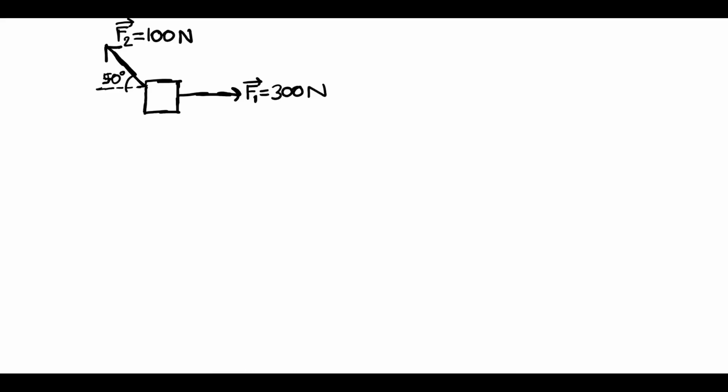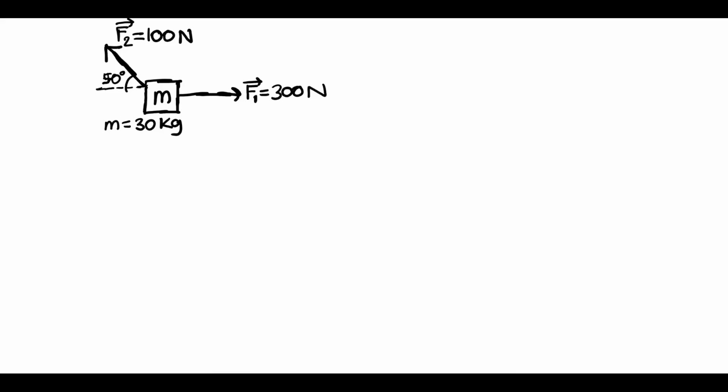Actually, let's make this 50 degrees, it looks more like 50 degrees. So we have two forces, and this is our mass M. Our mass M is 30 kilograms. Now what's the acceleration of the object?